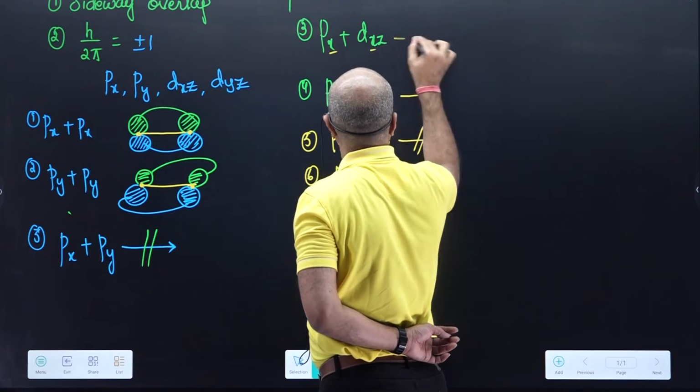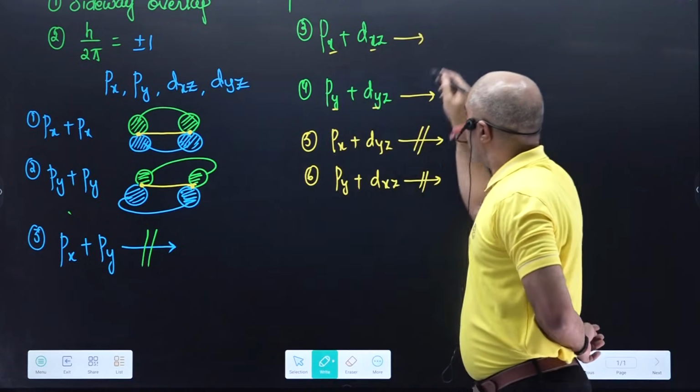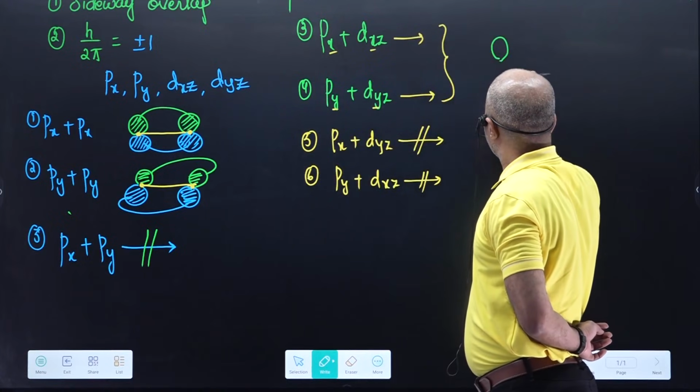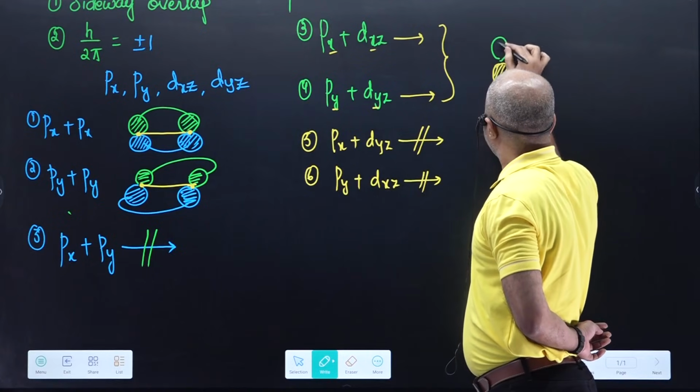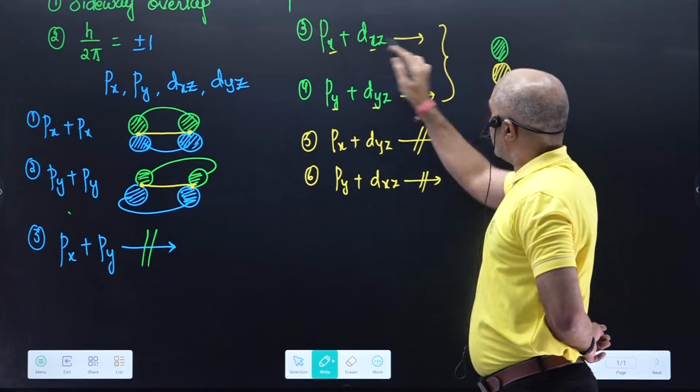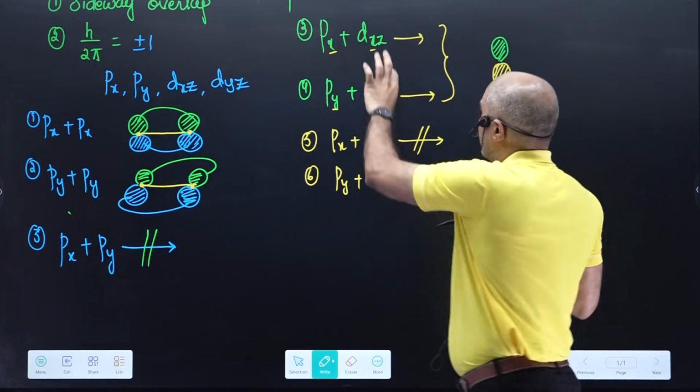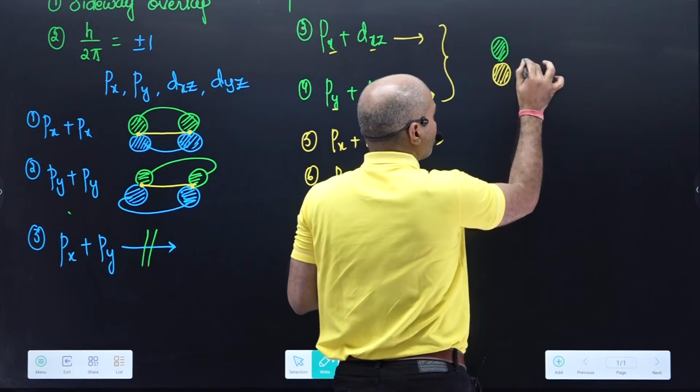For these two I am drawing only one diagram, you try to understand. Say if this is Px, or you may take it as Py, just one diagram, okay? Then either dxz or dyz.